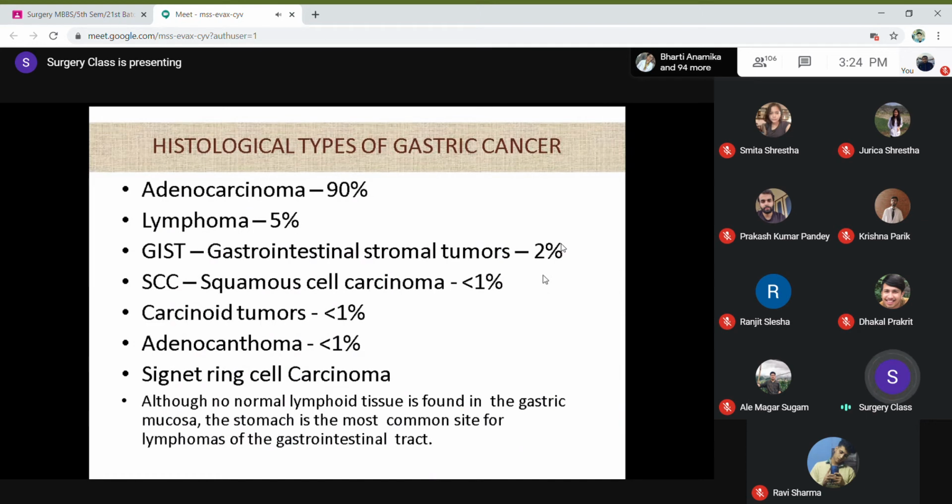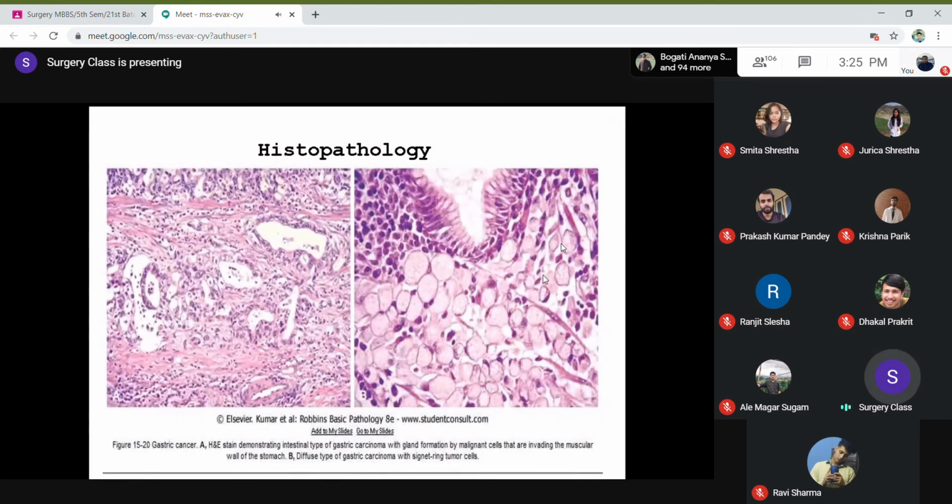So the histological types of gastric cancer are adenocarcinoma, lymphoma, GIST, squamous cell carcinoma in very few cases, and then carcinoid, so various types, with adenocarcinoma being the commonest. So these are the histopathological findings.